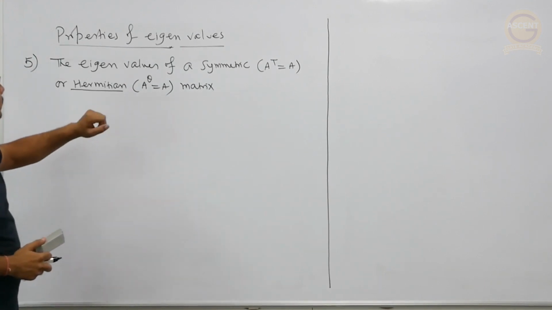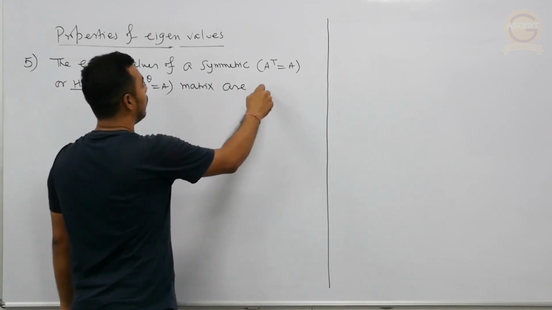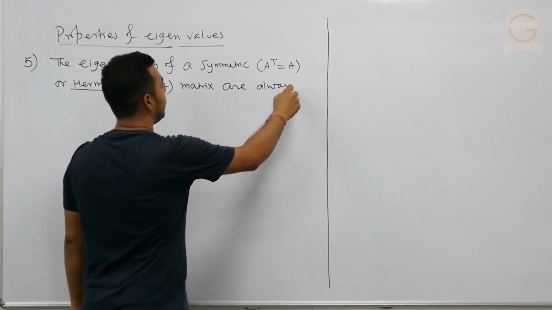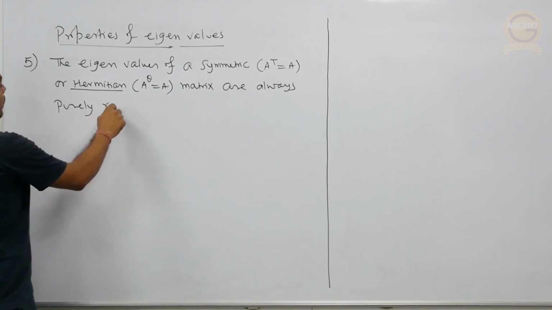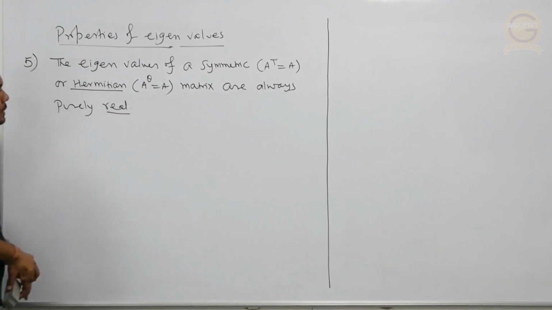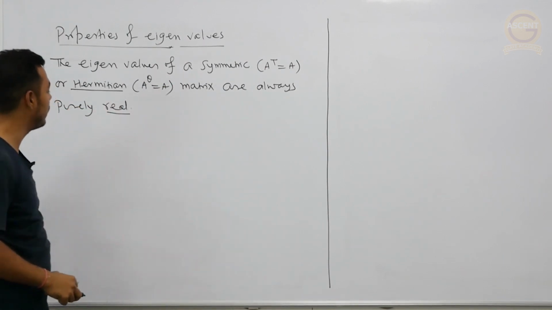So the eigenvalues of a symmetric or Hermitian matrix are always purely real. This is a very important property.